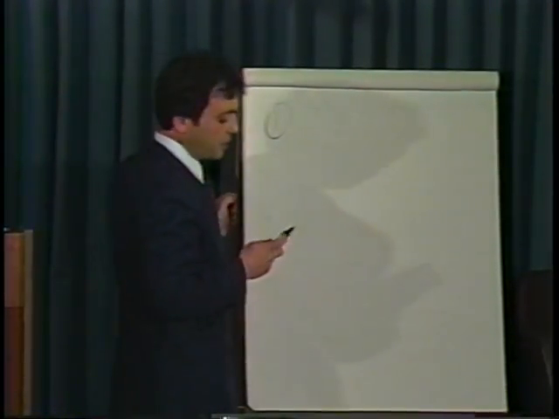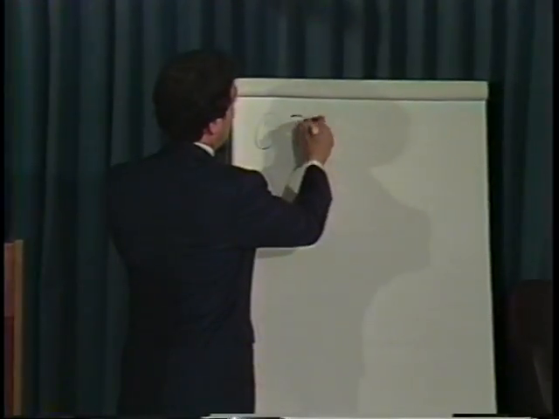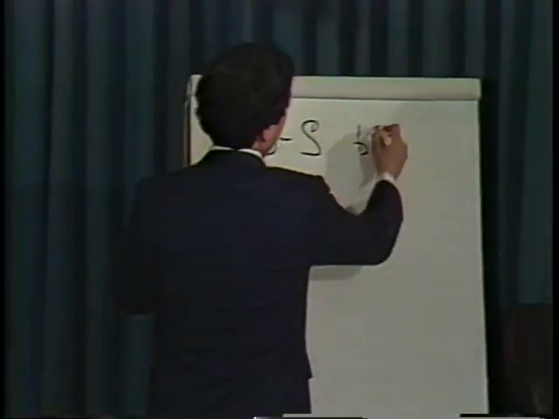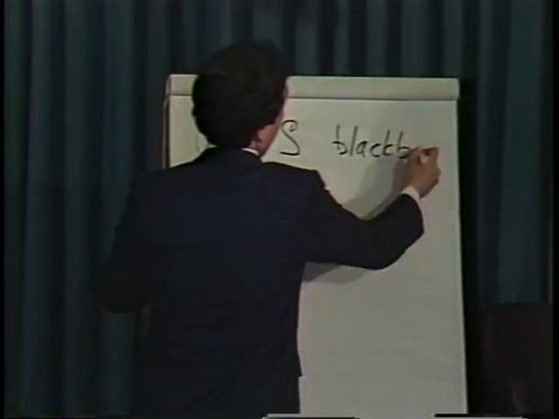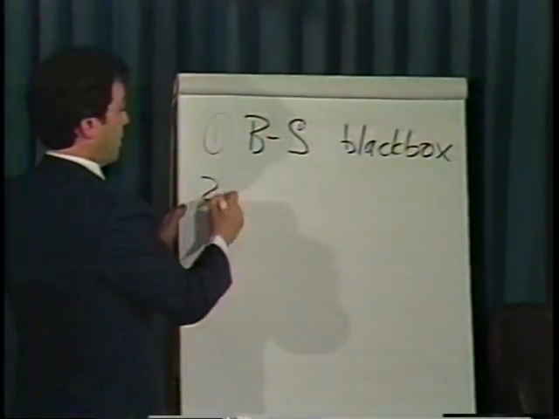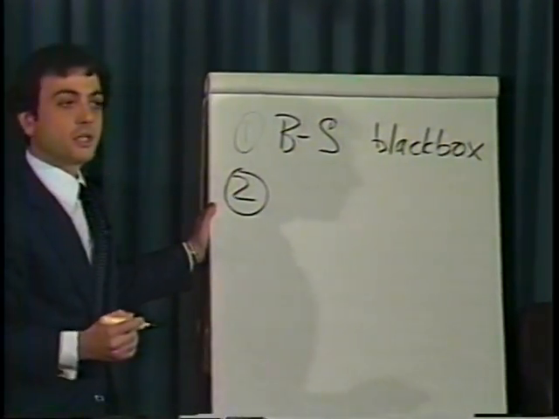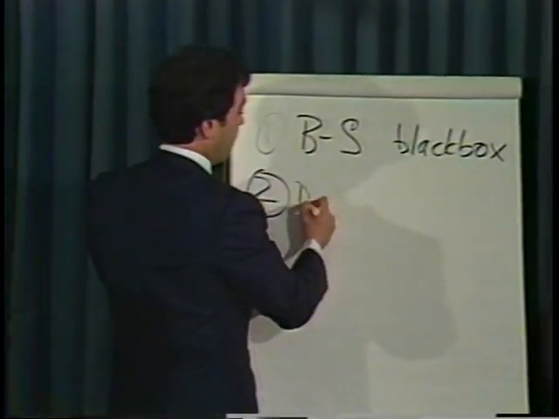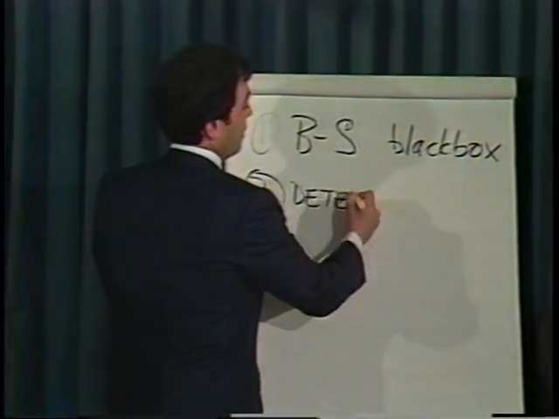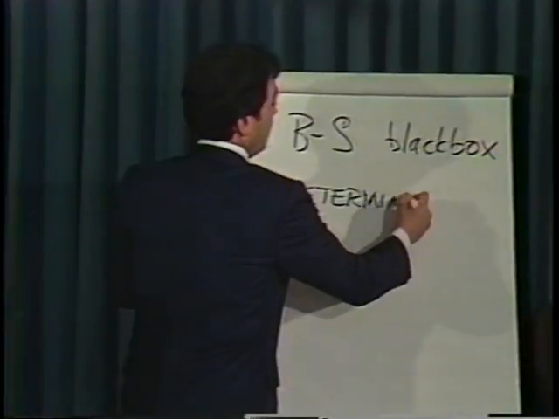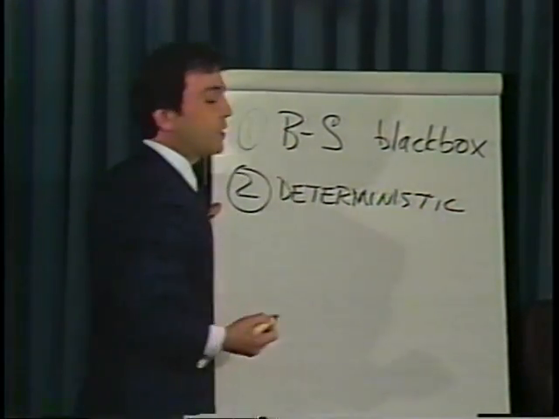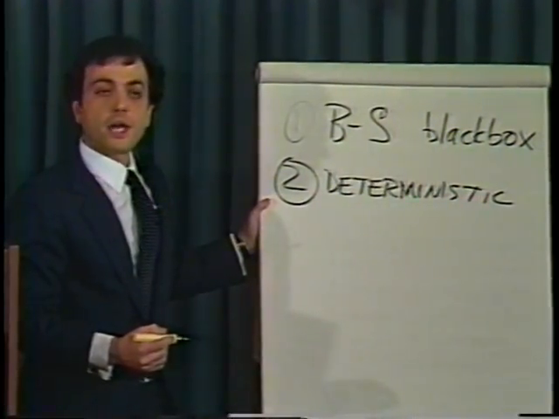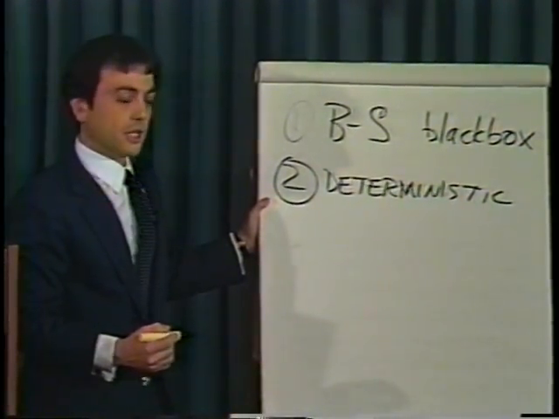In the first part, we shall emphasize that the Black-Scholes model is just a black box, so we call that the Black-Scholes black box. In the second part of the presentation, we will look at the world as if it were deterministic, and in that context, how would an option pricing formula look like?